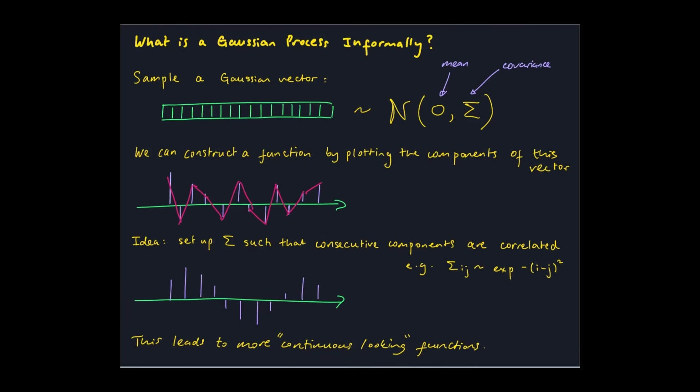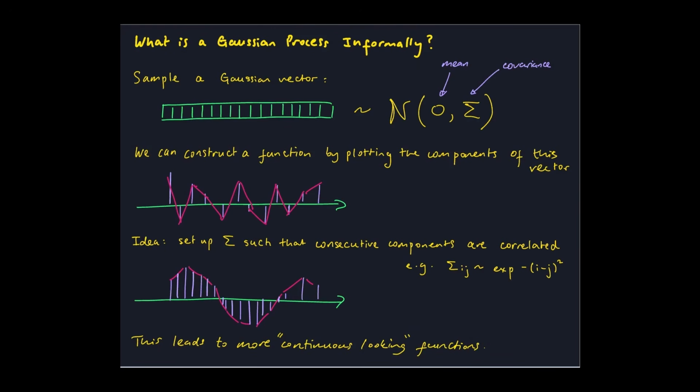And then I would get a picture more like this, where when I connect the dots, it looks like a nice function that I like. And basically a Gaussian process is exactly this construction, but you let the dimension of your vector go to infinity, and you pack these sample points more and more closely together, if that makes sense.